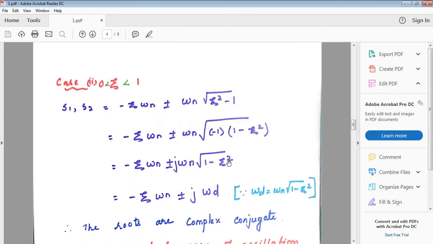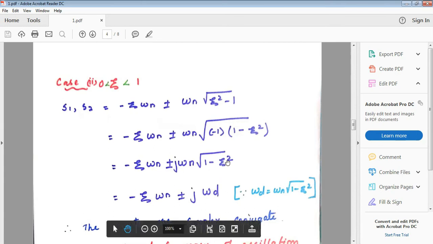Already I said omega d is the damping frequency, and omega d is equal to omega n into root of 1 minus zeta square. So we can substitute omega n into root of 1 minus zeta square as omega d.